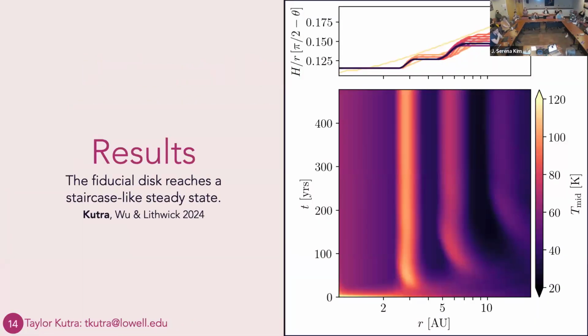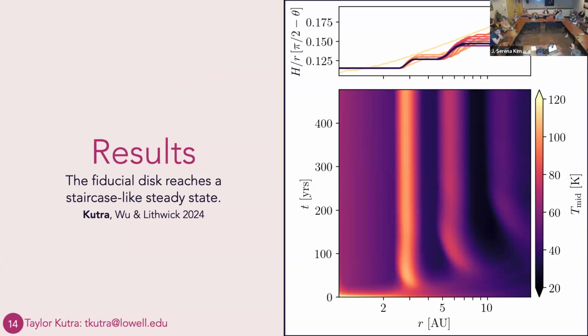And we have some results. Here's how the fiducial disk reaches the steady state. On the bottom, you're seeing the midplane temperature over time as a function of radius on X and time on Y. The top is the optical surface, with darker colors being later times. You can see we start off from a smooth temperature profile, and perturbations develop.